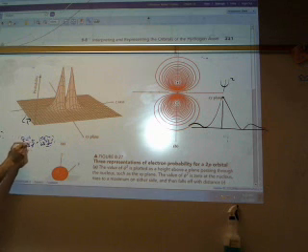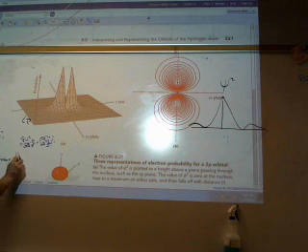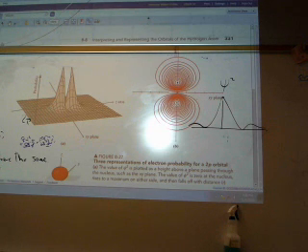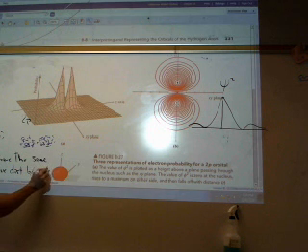Even though these two cloud distributions are different, they both have the same effective distance between the electron and nucleus.